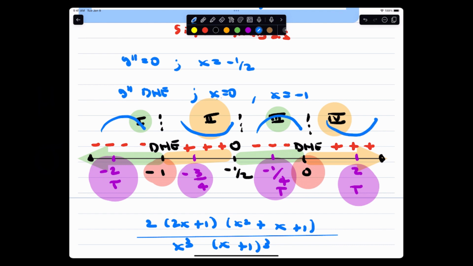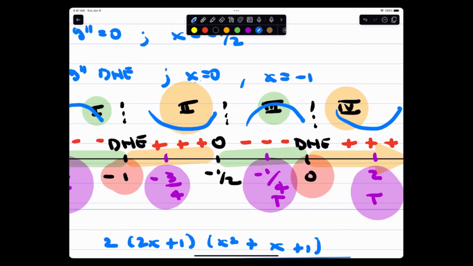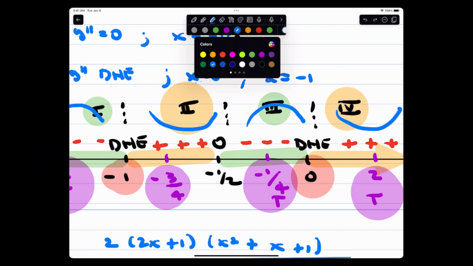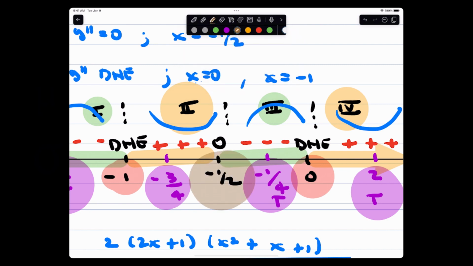But then what about at -1/2? Is that an inflection point? How do we know? Is -1/2 on the curve? Yes.